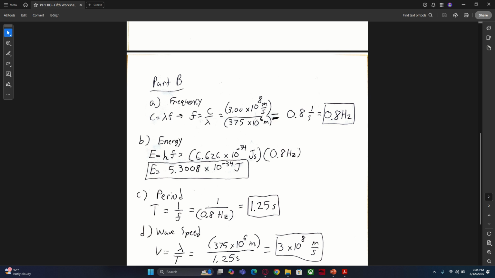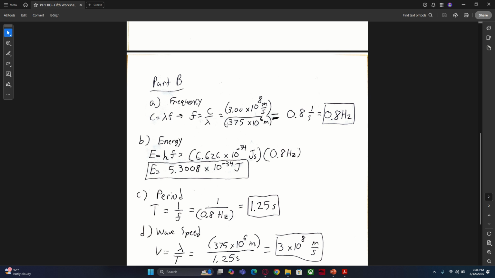If you don't include your parentheses, then it will divide 3 times 10 to the 8th just by 375 instead of by the product of 375 times 10 to the 6th. In any case, just adding parentheses so that everything gets lumped together where they should be based off of order of operations. Meters per second divided by meters just equals 1 over seconds.